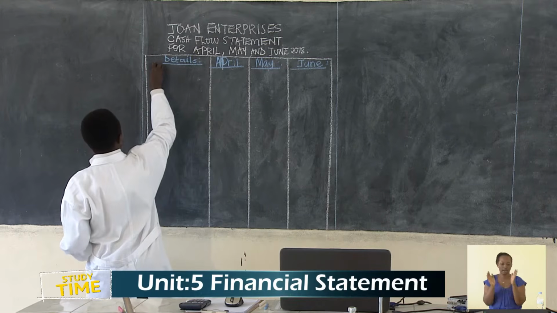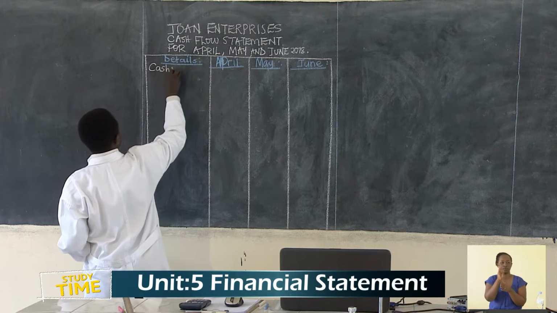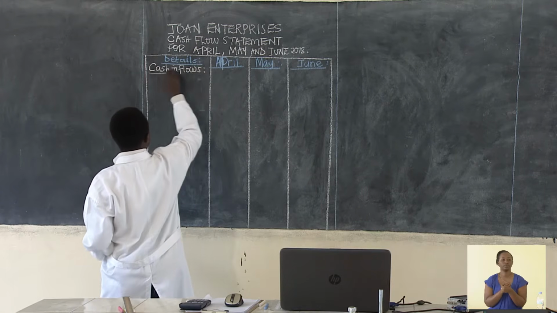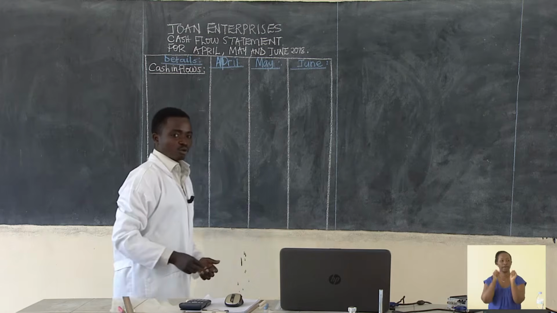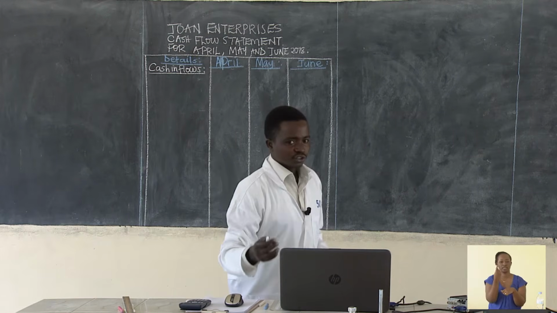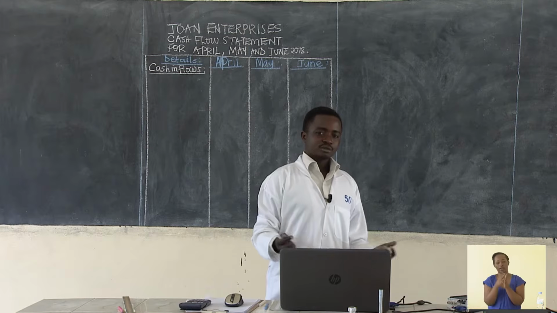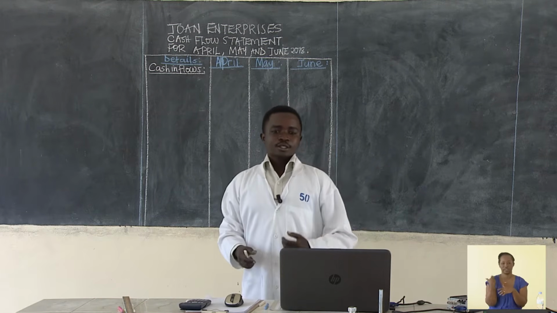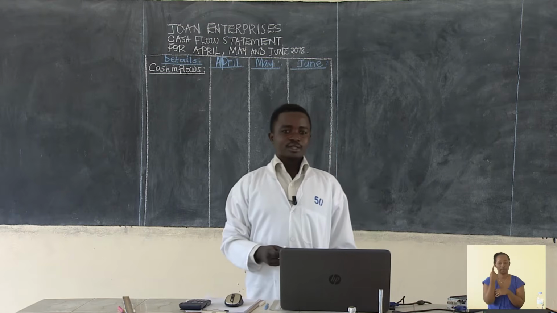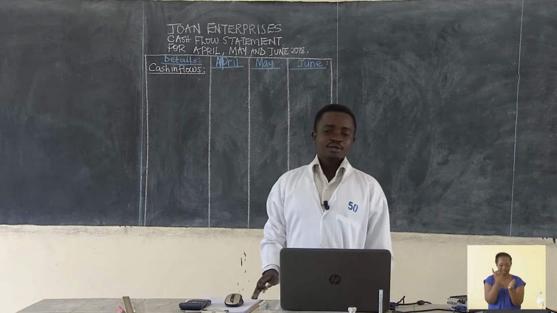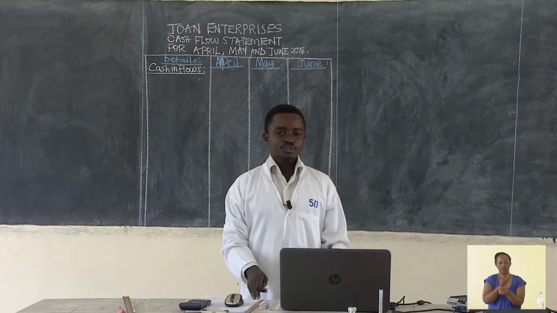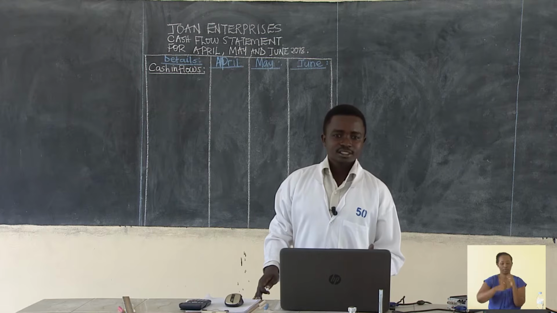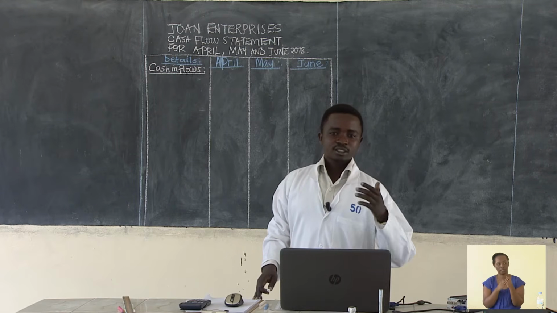So in this case, we are going to begin with cash inflows. I hope now everyone can be able to know which is a cash inflow and which is a cash outflow, basing on the knowledge that you acquired from the previous lesson. So on 1st April 2018, following our question, we have cash balance worth 2 million. So in April 2018, first, we have cash balance worth 2 million.